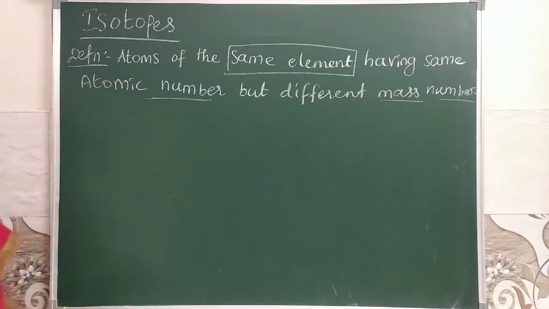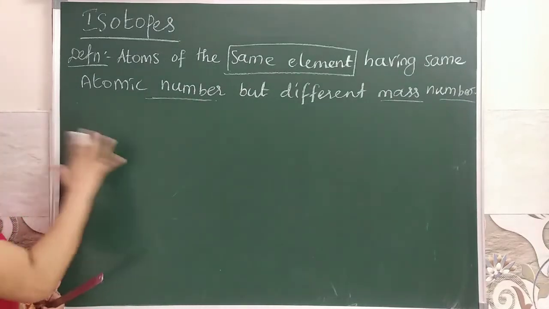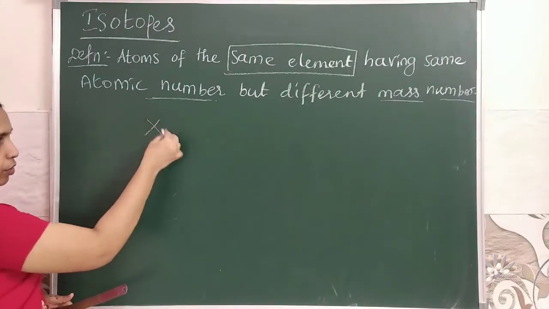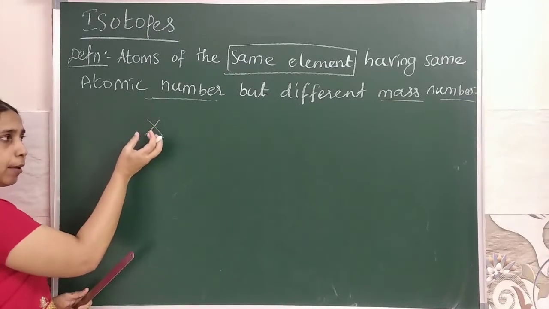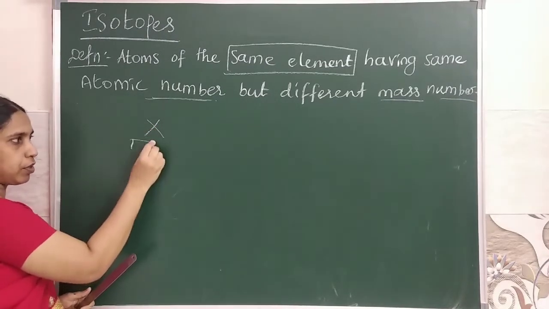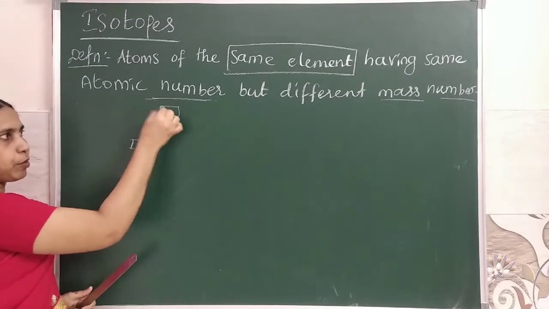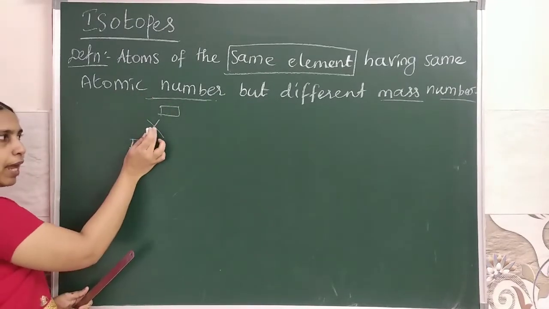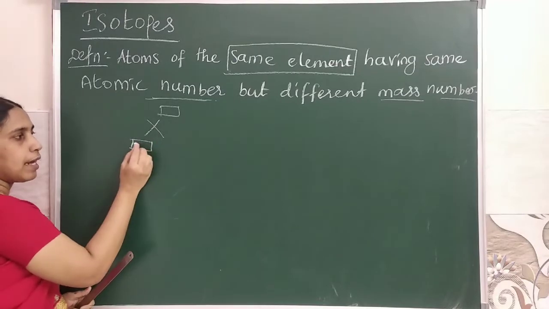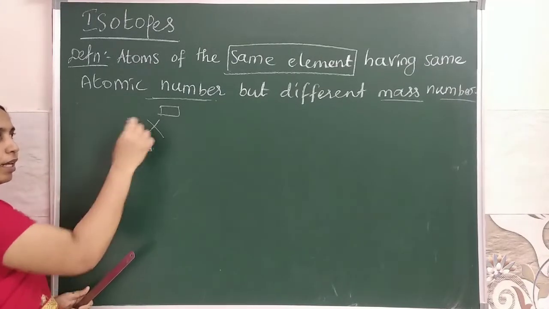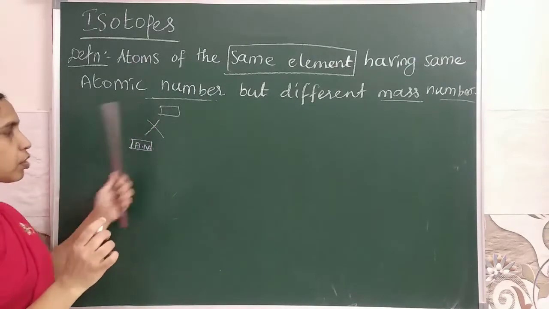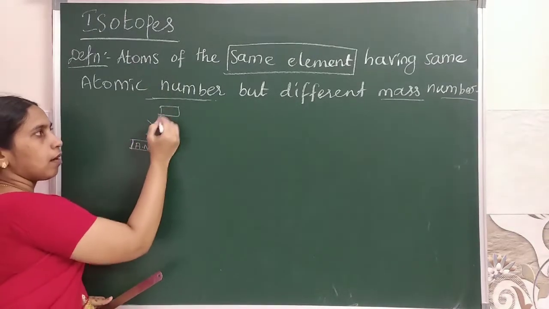Simply, you write a general atom, with the atomic number as a subscript below and the mass number as a superscript above.